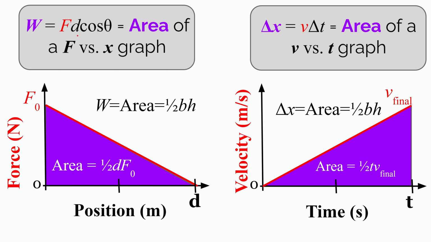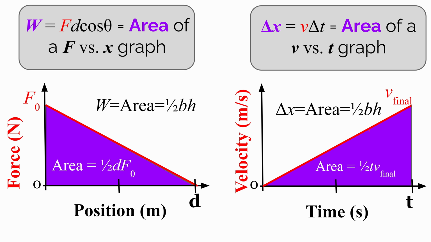We also did this all the way back in Unit 1, where we were talking about graphically finding the displacement of an object by using a velocity versus time graph. If the velocity is constant, the displacement of an object is just the velocity it's moving at times the time. But what if the velocity is changing? Like, let's say we have acceleration, so something's increasing speed while moving in the positive direction.